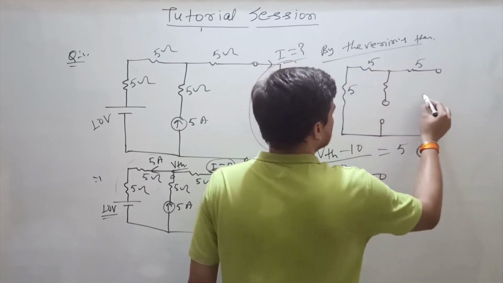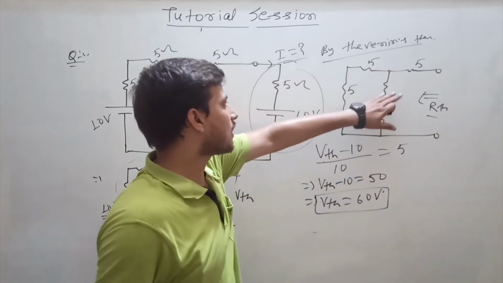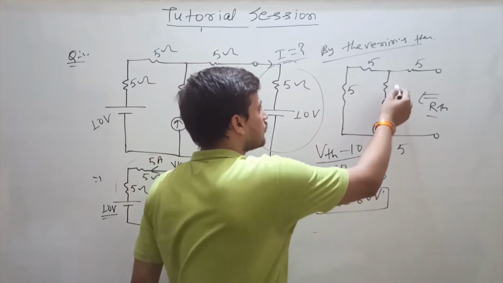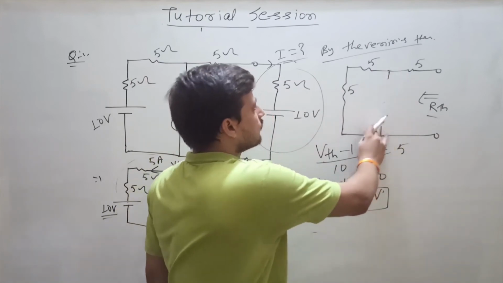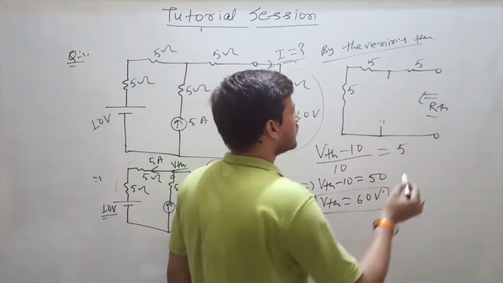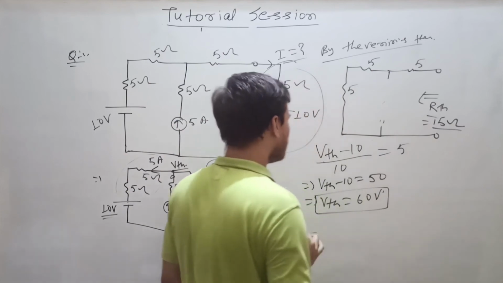Clear? This will be RTH. So now what you see? Since this is an open circuited branch, this branch has no role in this circuit. Remove this branch. So you see a total of 3 resistors are connected in parallel. So RTH is equal to 15 ohm.